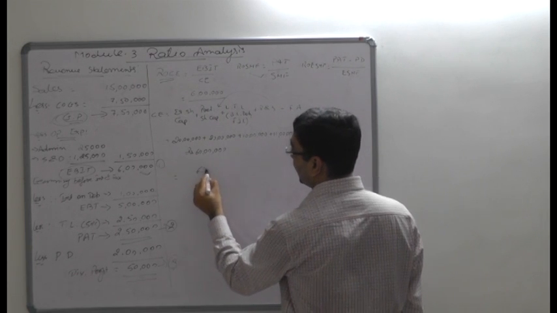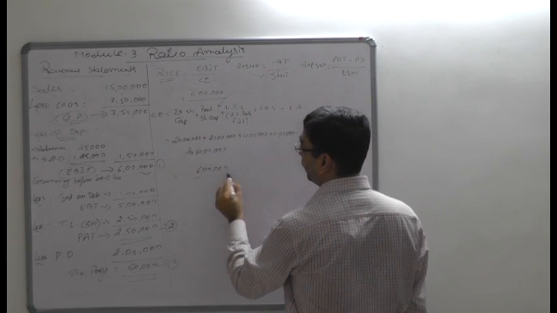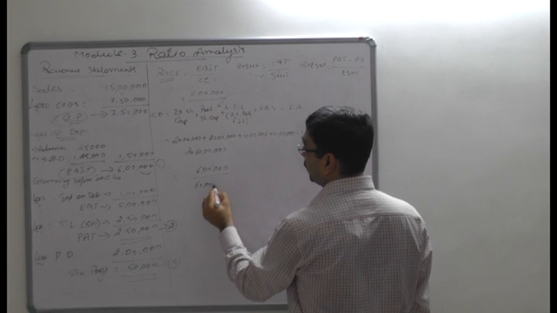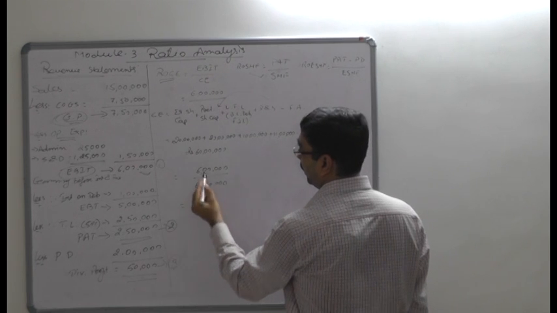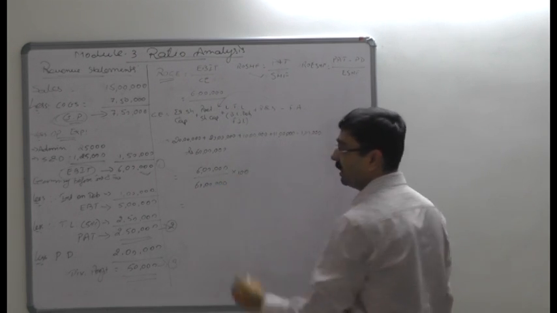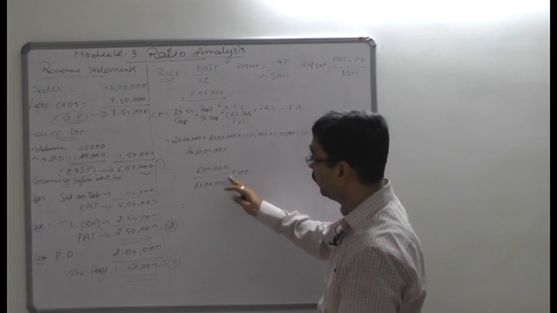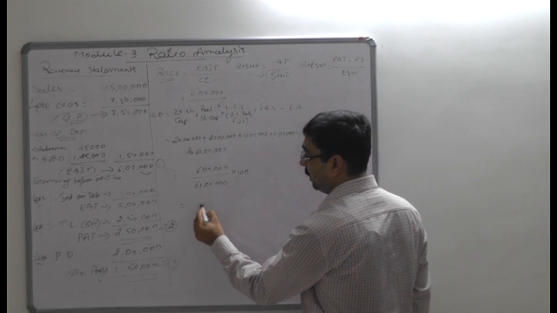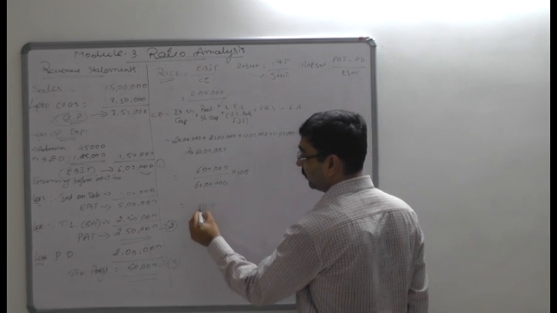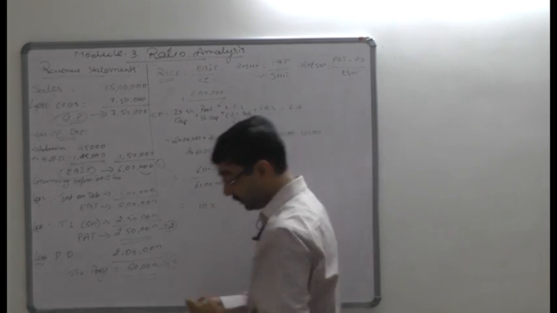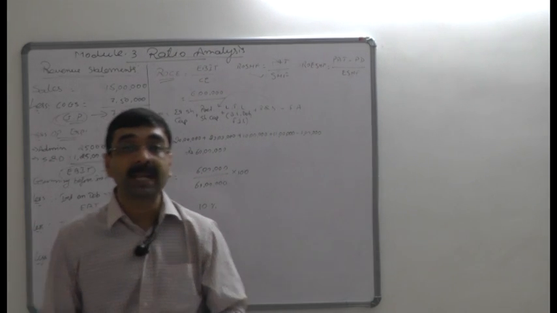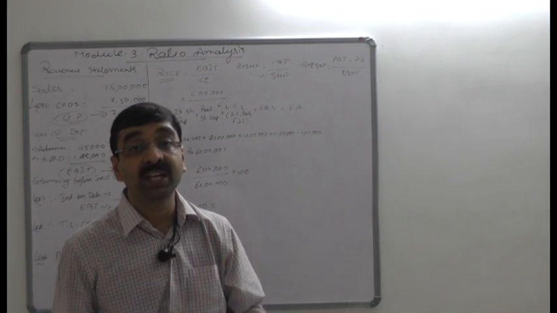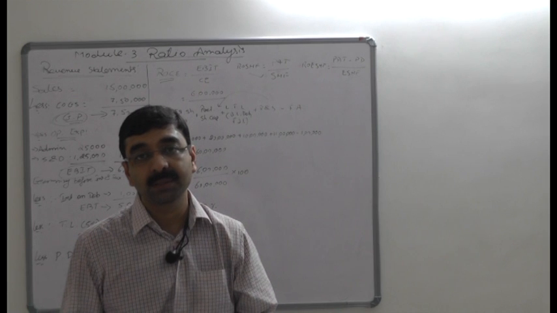Here 6 lakhs is your EBIT and 60 lakh rupees is your capital employed. This ratio is found in percentage. So when you compare these two items, your answer would be 10%. It means the company has a 10% return on their total amount of investments.